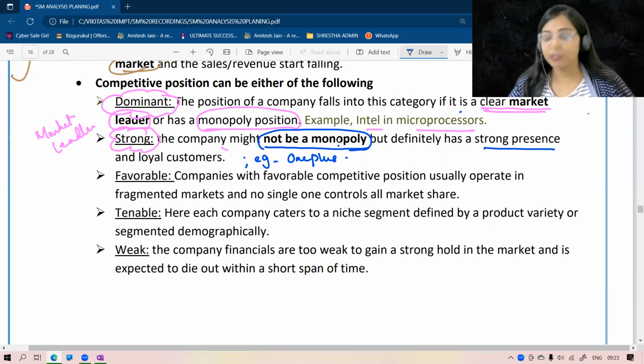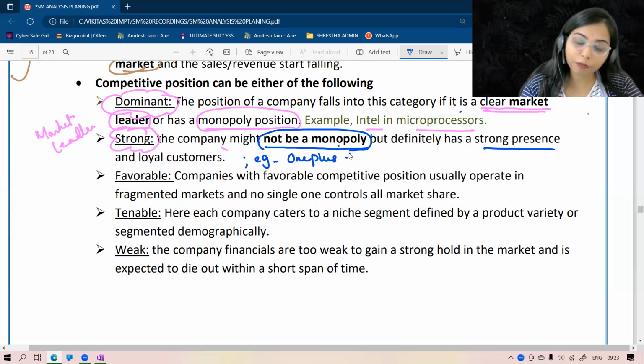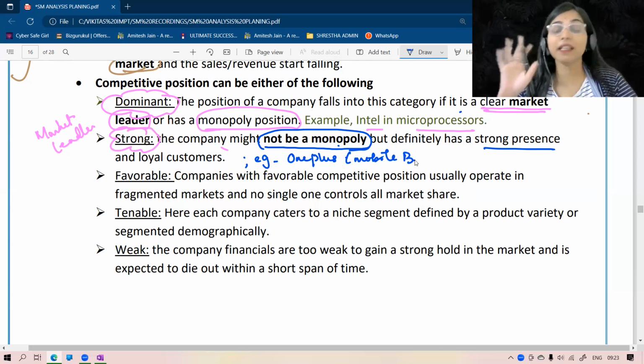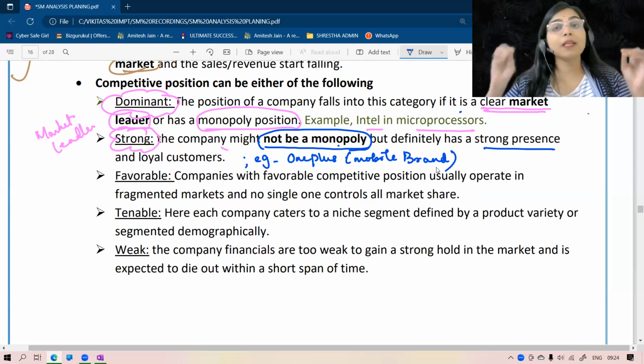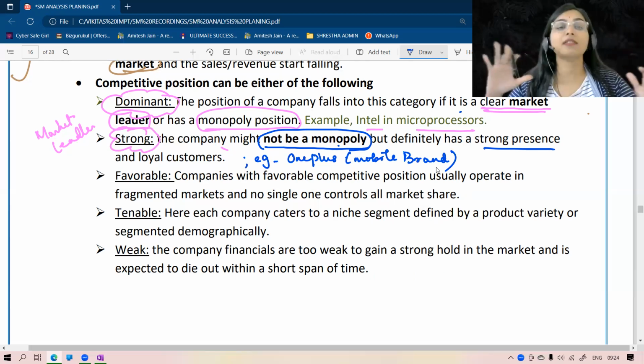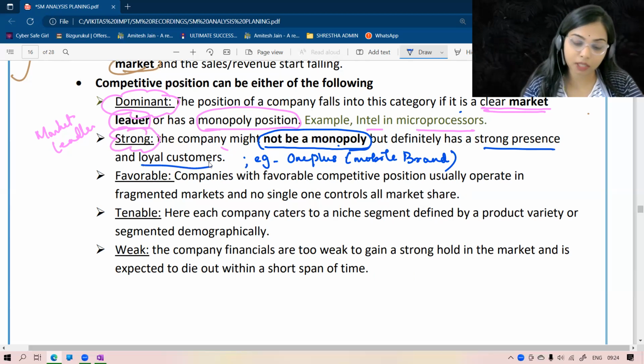So OnePlus is one of the mobile brands. It is not a monopoly, but OnePlus has a beautiful presence and the loyalty of the customers. Are you able to understand?